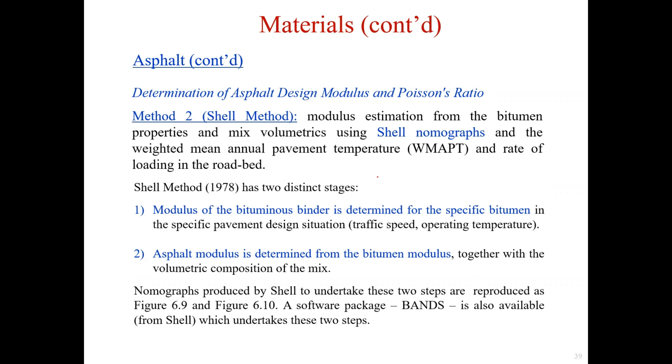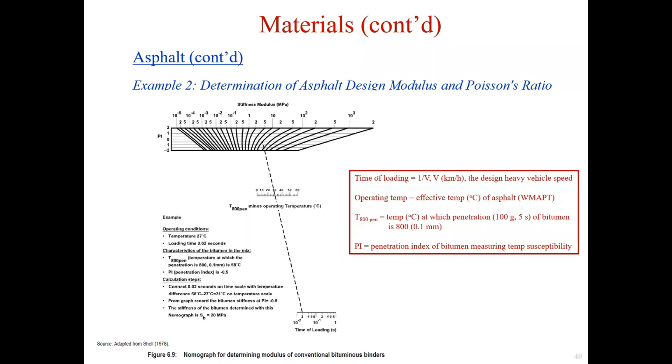Then the asphalt modulus is determined from the bitumen modulus and the volumetric composition of the mix. Now let's look at one example. The nomographs produced by Shell to undertake these two steps are reproduced as figure 6.9 and figure 6.10.